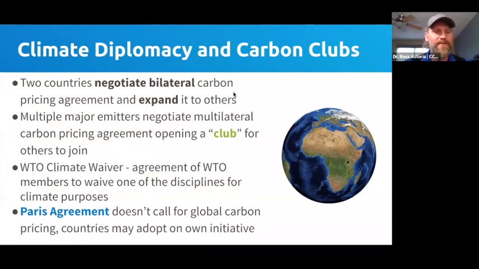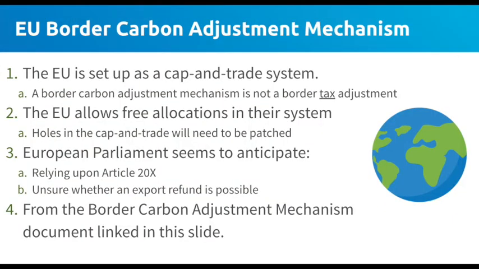So I think there might be quite a bit to reform and revise at the WTO that can be initiated through the United States here. And then the Paris Agreement is another forum for climate diplomacy. It doesn't call for global carbon pricing, but countries can adopt those on their own initiative. And I think in the next slide, I've got some concrete examples.